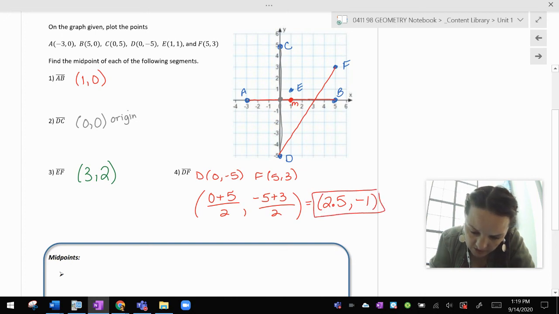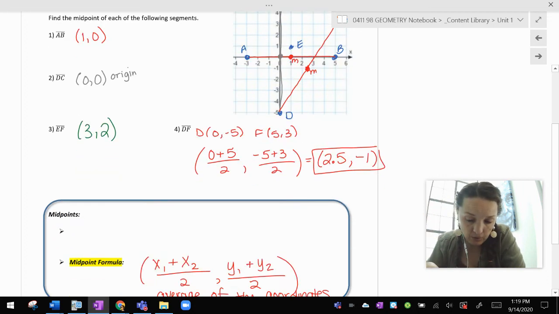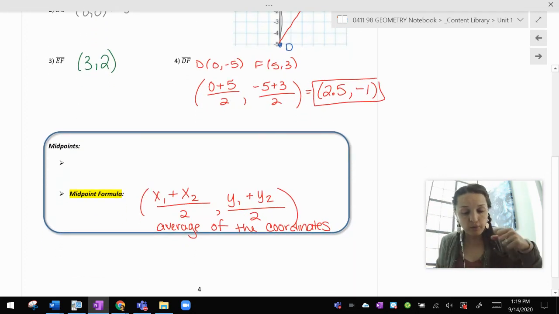So let's see, does that make sense? 2.5, -1 would be right there. Yeah, that looks like the middle to me. So there's our midpoint. Okay, so there's your midpoint formula.